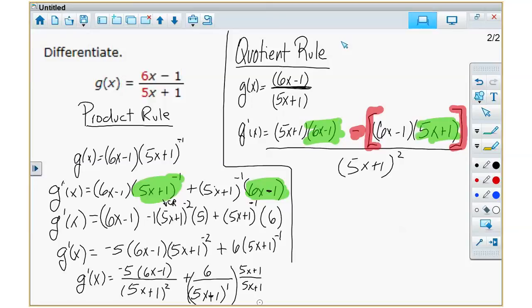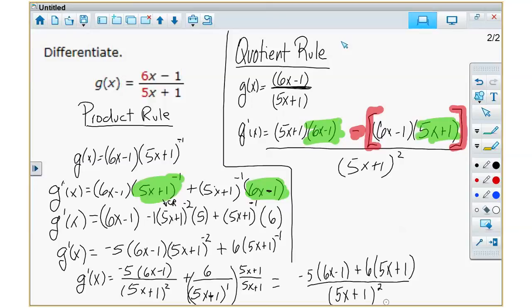And that's going to be negative 5 times 6x minus 1 plus 6 times 5x plus 1 over 5x plus 1 quantity squared.